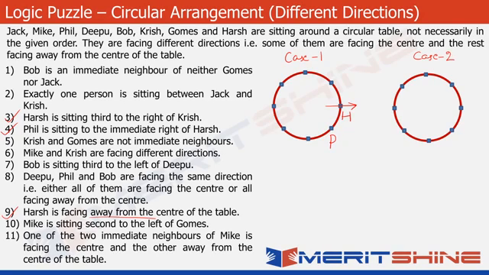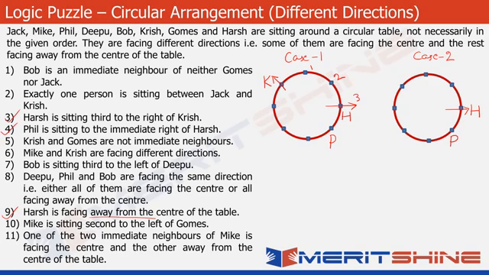Let's first put Harsh and Phil there. So that's Harsh and this is Phil. Now let's come back to the position of Krish. So this is one possibility where Krish would be facing outside, away from the center of the table. If you look at this, Harsh is at the third position, 1, 2 and 3.